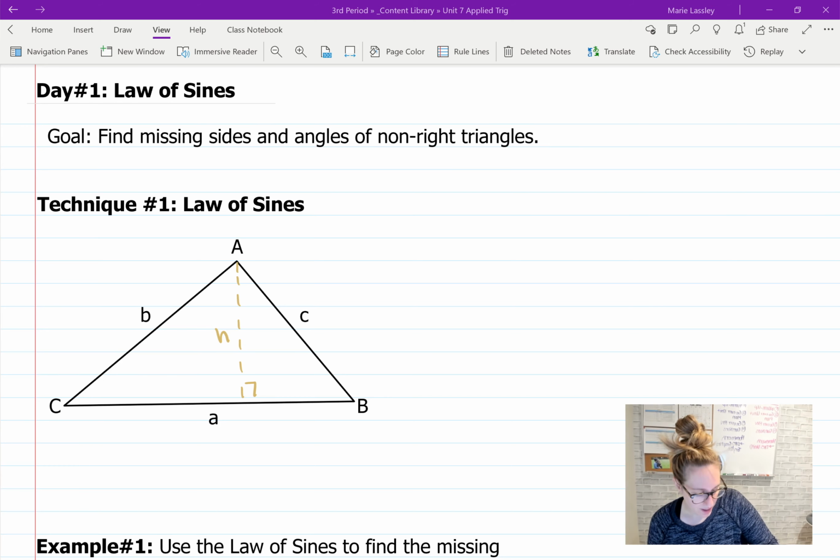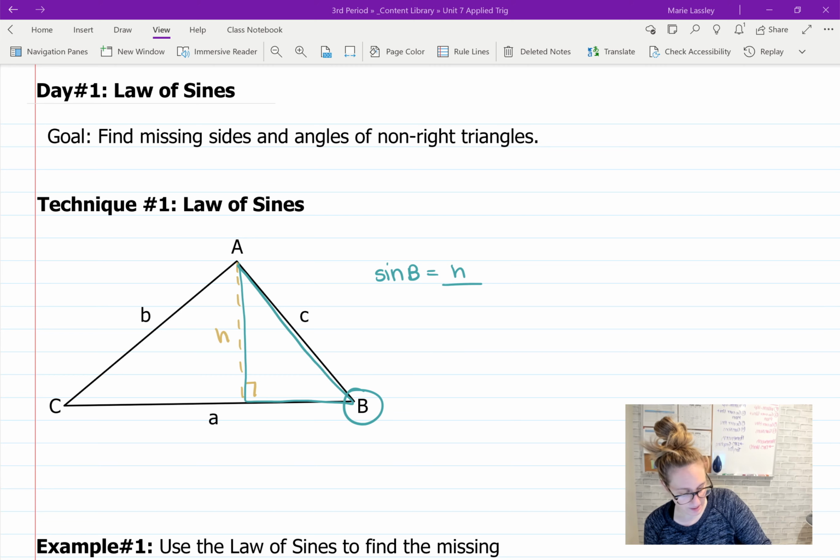So here's angle B. If I wanted to find the sine of angle B, I could say that sine of B equals the opposite, which is h, over the hypotenuse of this little right triangle, which is c.